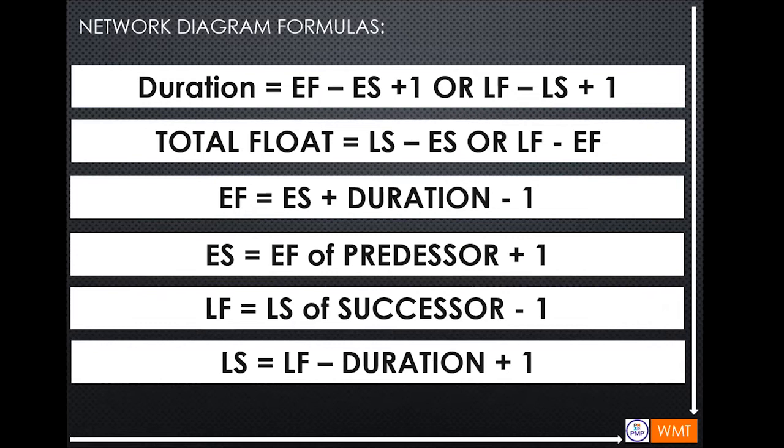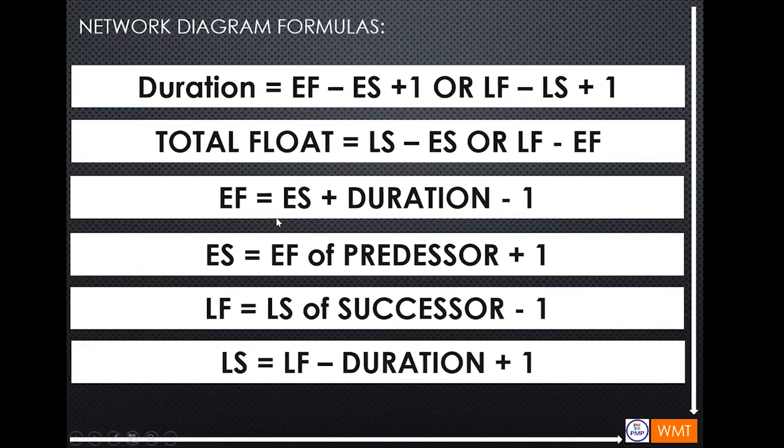So the network diagram formulas are written here. Duration is equal to the early finish minus early start plus 1, or late finish minus late start plus 1. And then the total float equals late start minus early start, or late finish minus early finish.